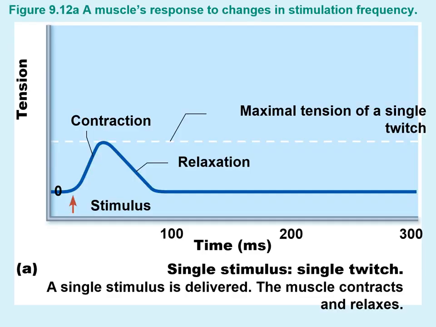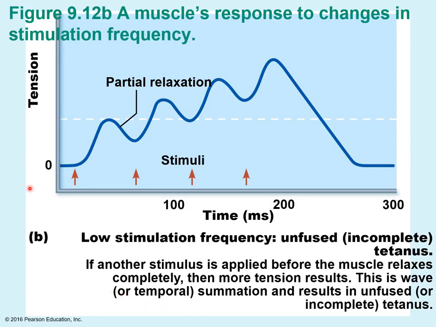So here is just a single stimulus. Right here is the arrow of the stimulus. You have your contraction, relaxation, boom. Here we have what we call incomplete tetanus. You have a stimulus here, the contraction. It's relaxing. Now you have another stimulus.